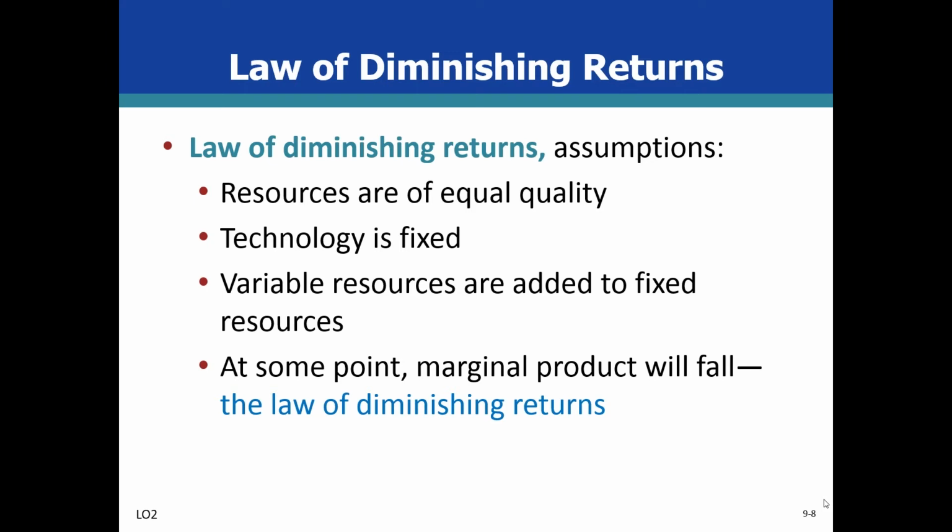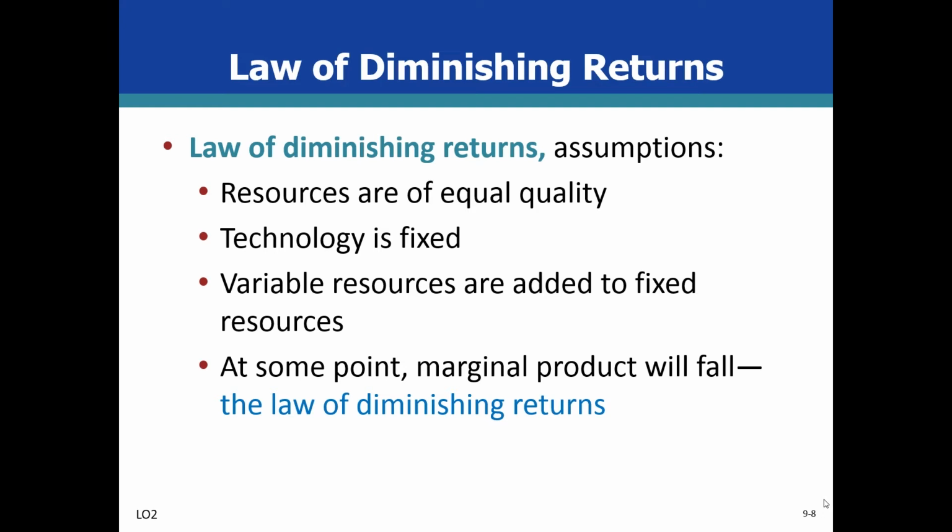Or the process becomes so complex that management can't coordinate activities. That's the law of diminishing returns. And it happens because you do have variable resources that are added to a fixed process.